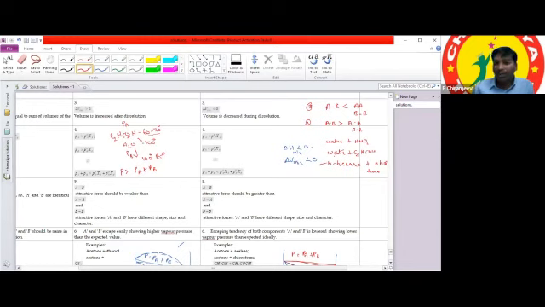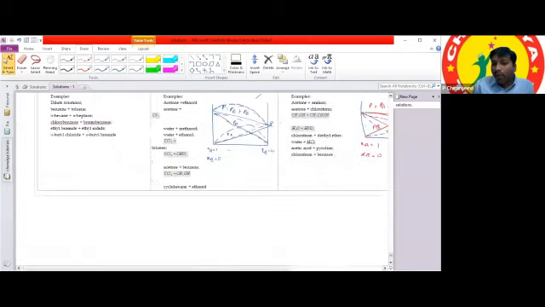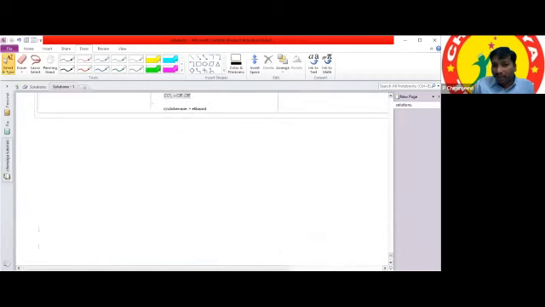So once you read, this concept is also very important from the exam point of view. Okay, and the next one is azeotropic mixture. What is meant by an azeotropic mixture?